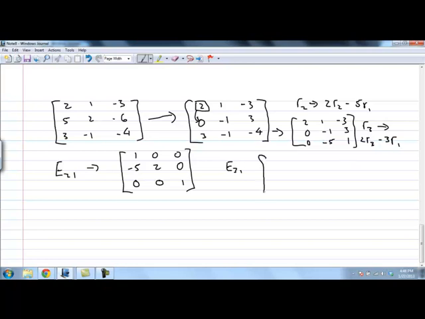So E31, again, row 1 did not change. Row 2 did not change. Row 3 was formed with minus 3 row 1s, 0 row 2s, and 2 row 3s.